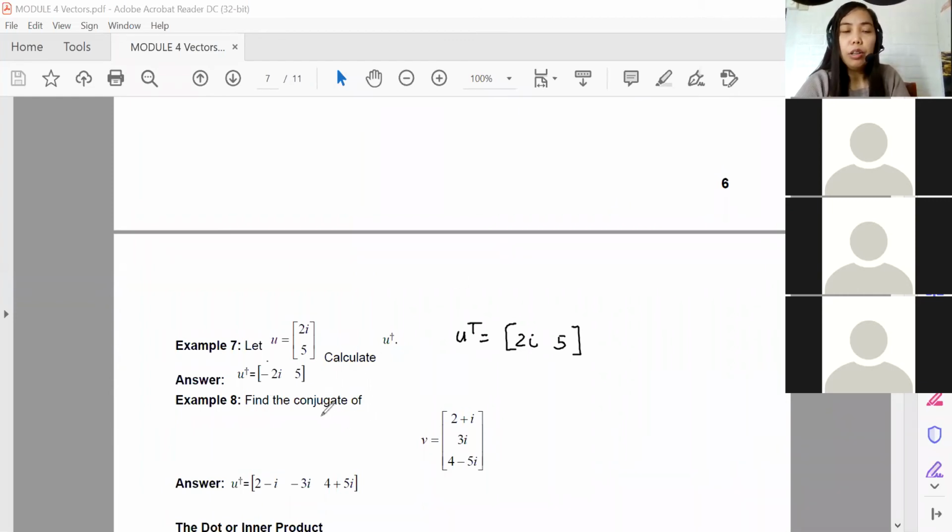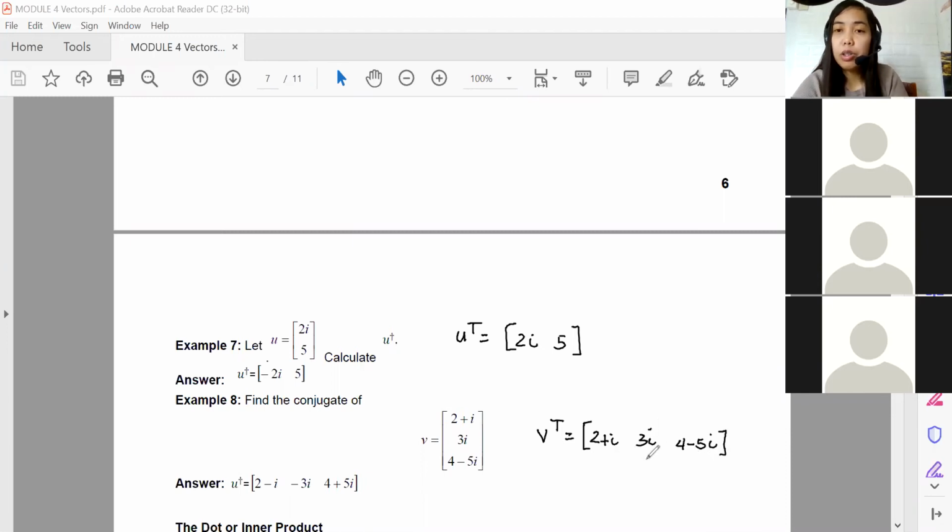Okay? So another example, find the conjugate of vector B. Get the transpose of this first. So from a complex vector, we're going to write this as a row vector. So we will have 2 plus I, 3I, 4 minus 5I.